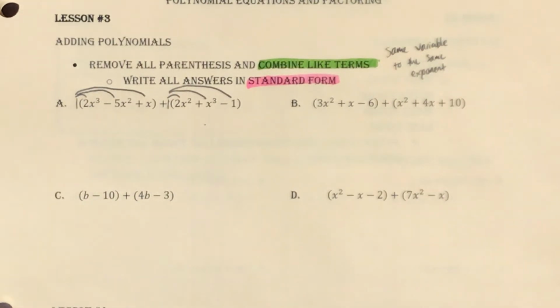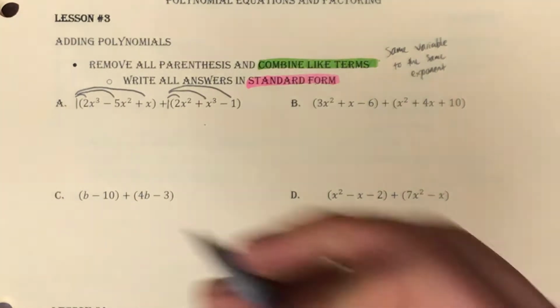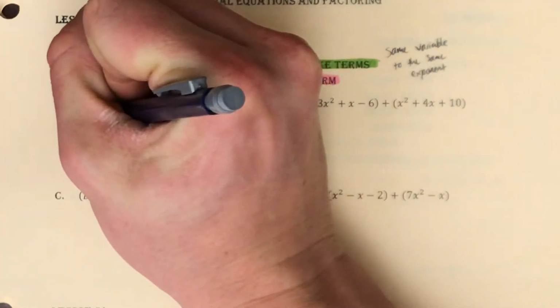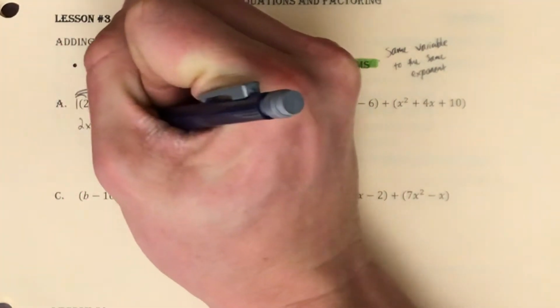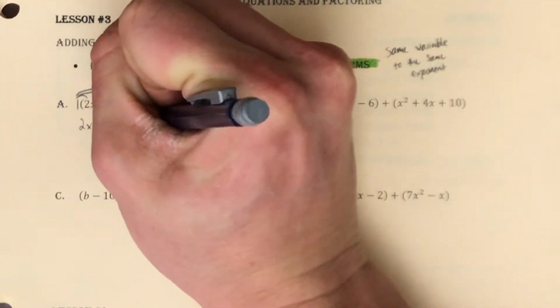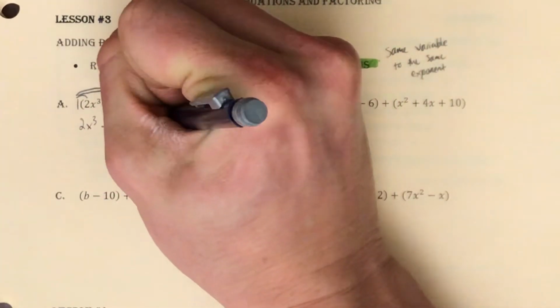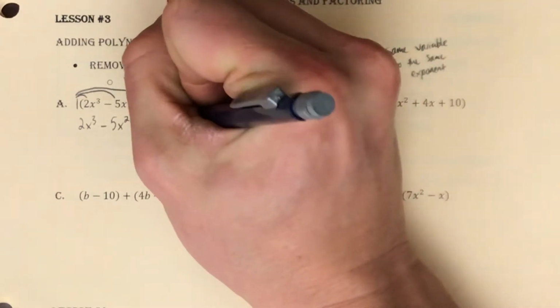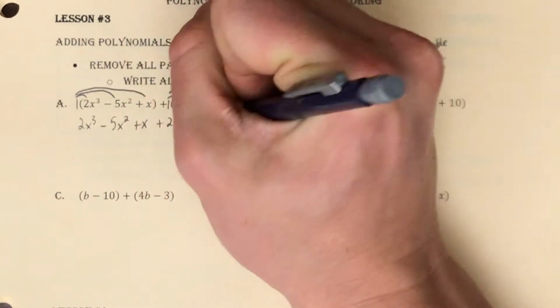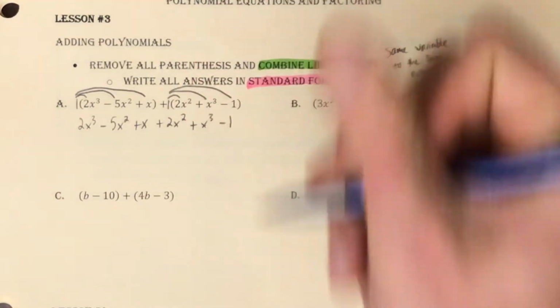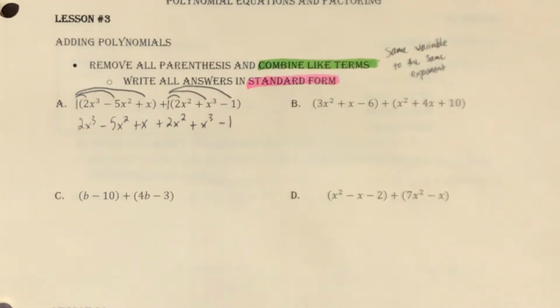So when we look at these and we are adding polynomials, we're just going to remove the parentheses. So this becomes 2x to the third minus 5x squared plus x, and then plus 2x squared plus x to the third minus 1, because again, multiplying by a positive 1 doesn't change anything. So we just bring everything down out of the parentheses.